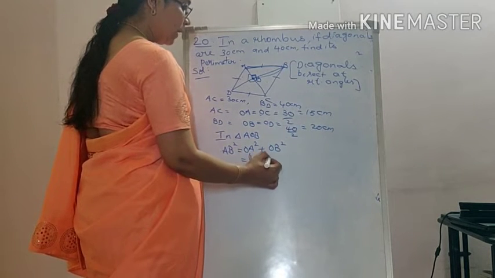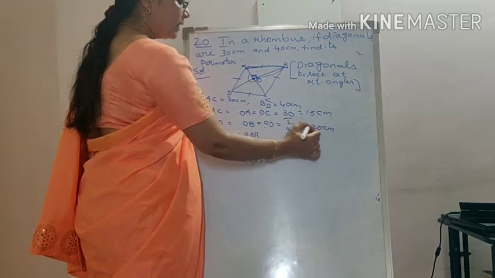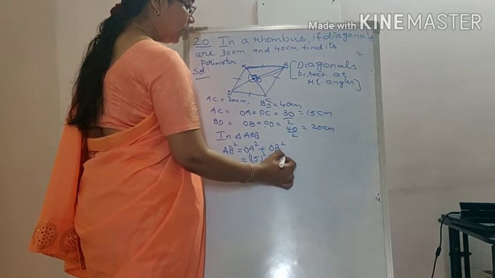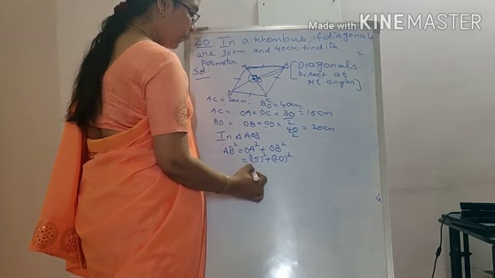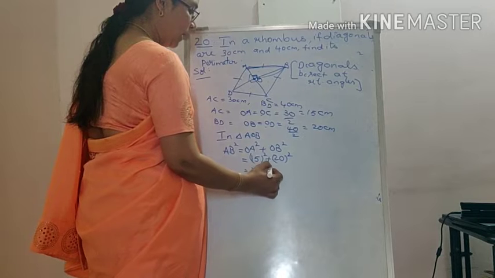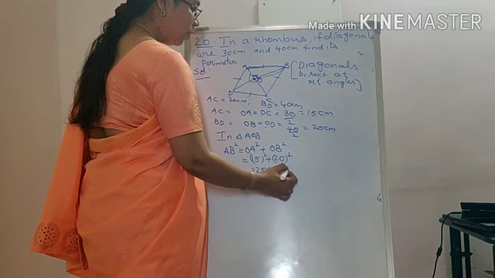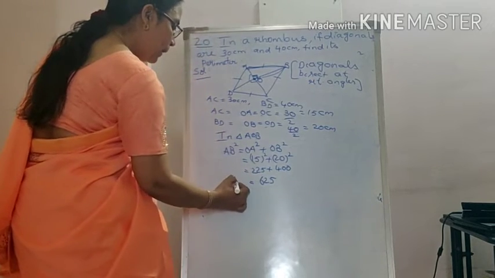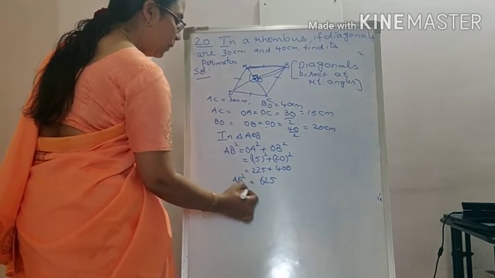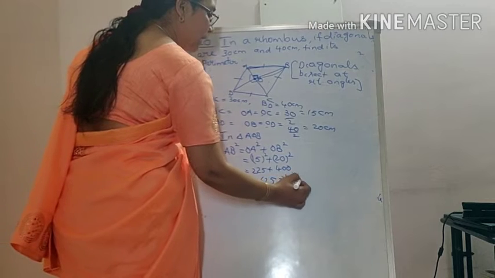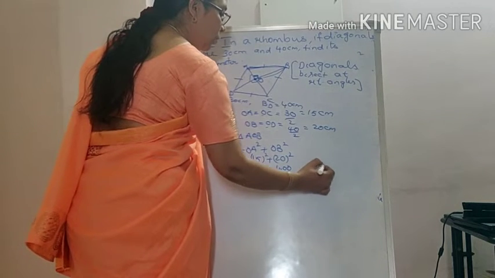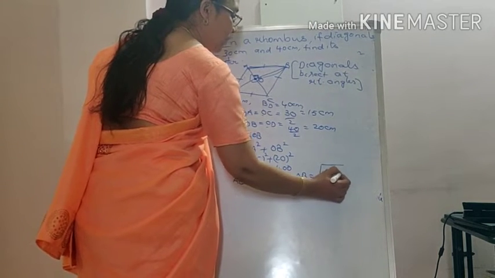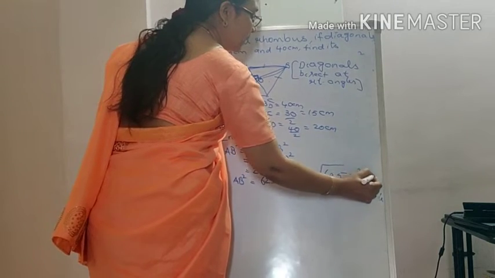So 15 square plus OB we had calculated as 20 square. So 15s are 225, 20s are 400, which is 625. So AB square is 625, implies AB is under root 625, which is 25 centimeters.